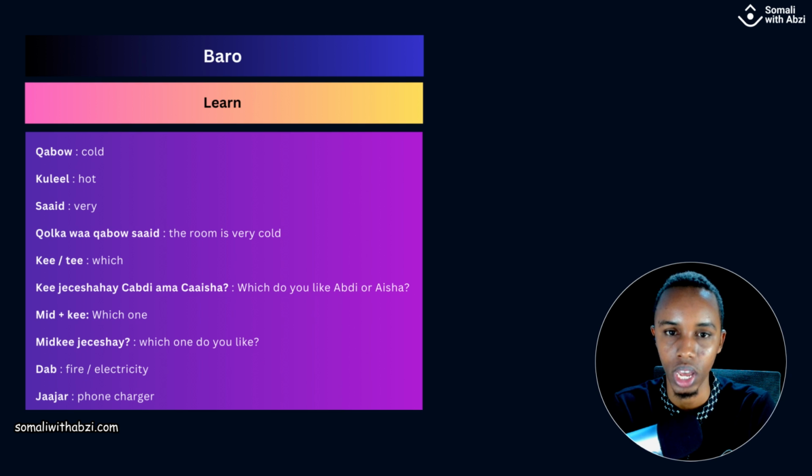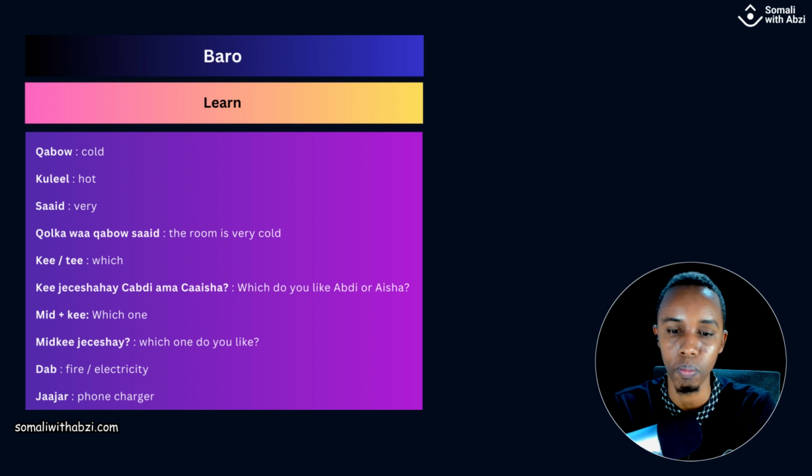Mid is one. If you watched the other lessons, we learned numbers from 0 to 19 so far. Number 1 in Somali was ko, also hal, also mid. We use ko for counting money, things, etc. And we use hal with nouns like one boy, hal wiil, one girl, hal gabar, hal nin, hal iskol, hal ma'alin.